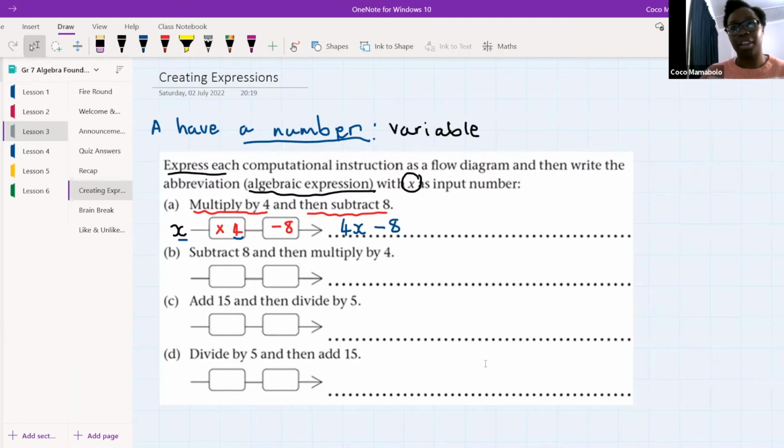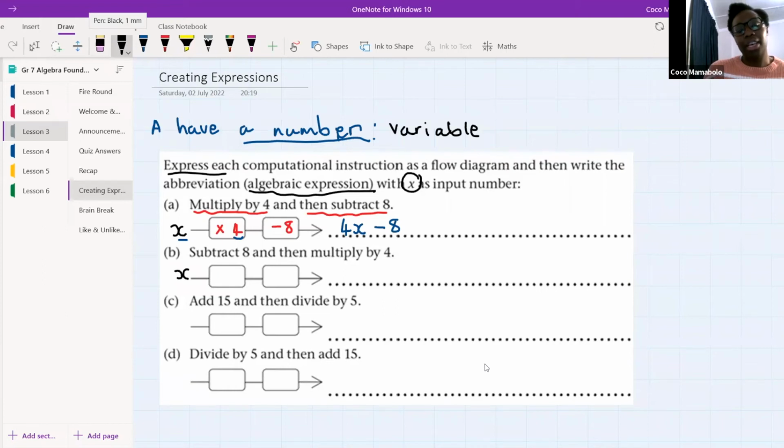Ritumetse, can you help us with the second one over here? Just look at the instruction exactly as it is, and we're going to follow it. What would I start with? What did I start with in my example? I started with X. Excellent. So I'm going to put an X here.